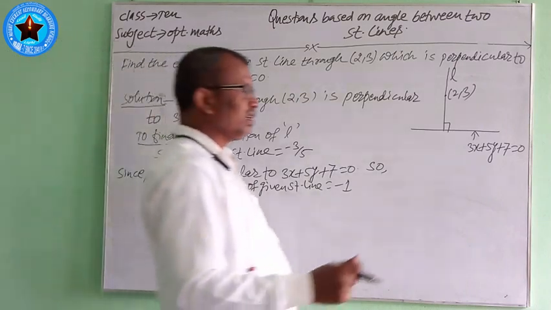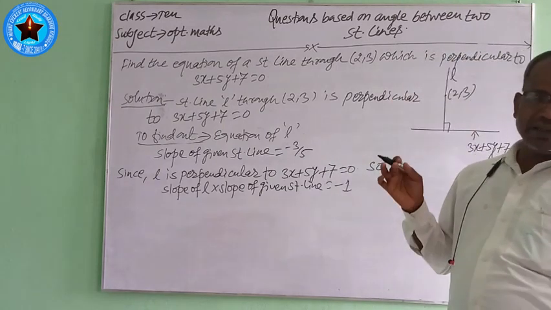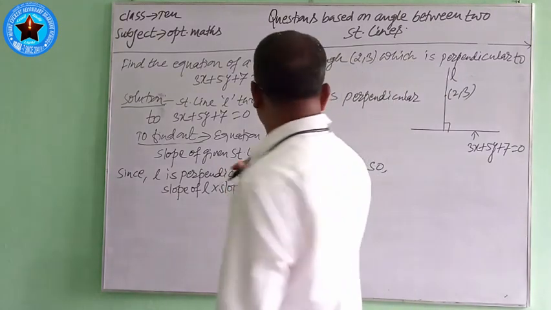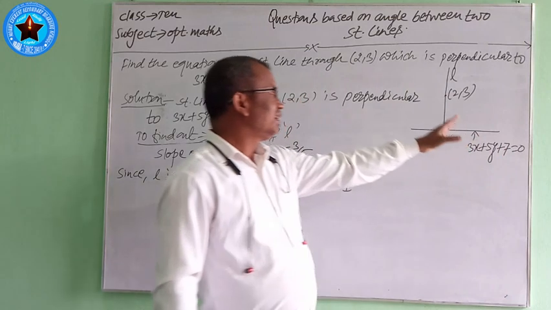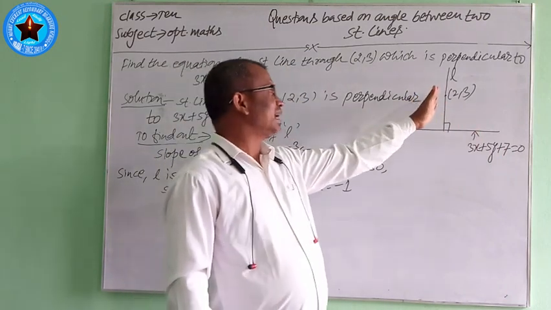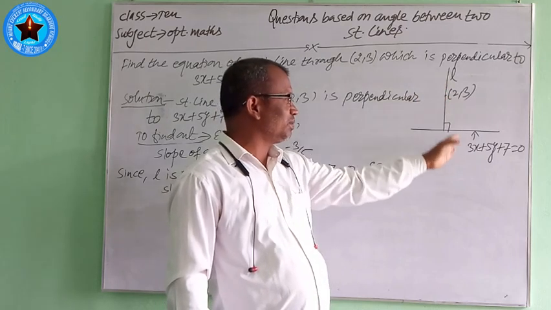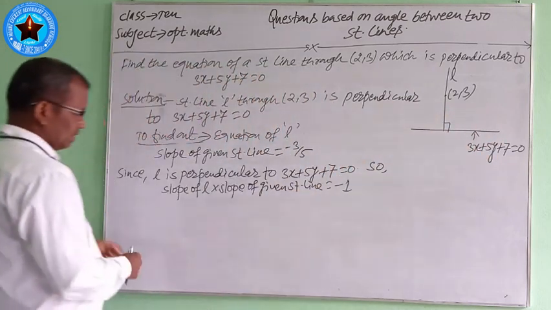Because from the condition of perpendicular lines, we know lines are perpendicular to each other if the product of their slopes is minus 1. And we have here two straight lines, L and 3x plus 5y plus 7. Since these two are perpendicular to each other, we can write from the condition of perpendicular lines that the slope of L into the slope of the given straight line should be minus 1.